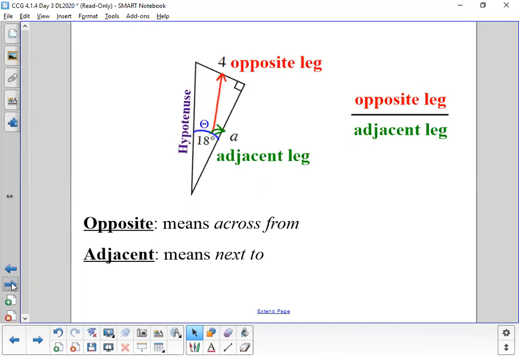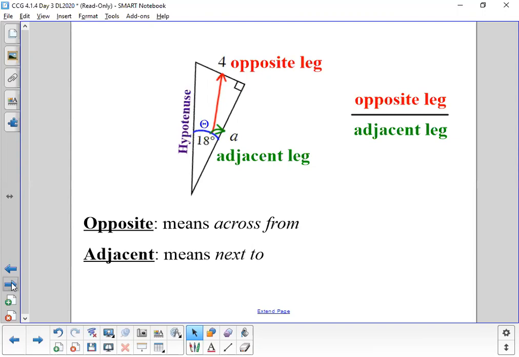And the legs are the sides that create the 90-degree angle. Your reference angle is going to be whatever angle you have marked. In this case, it's 18 degrees, but we can generalize it by calling it theta. And from your reference angle, you're going to have an opposite leg and an adjacent leg.